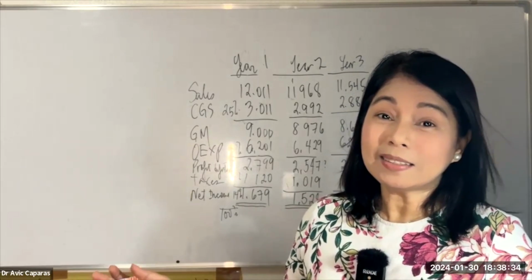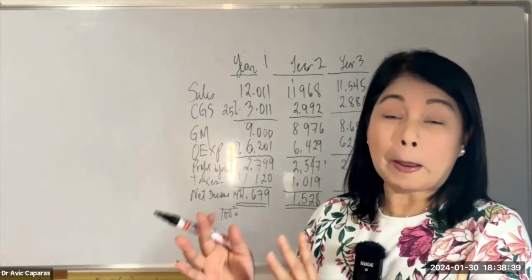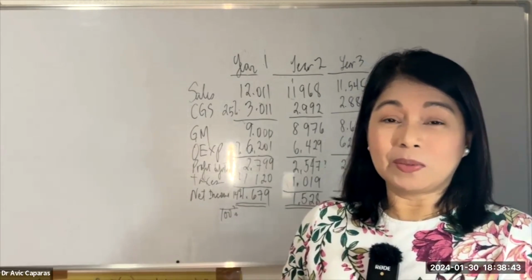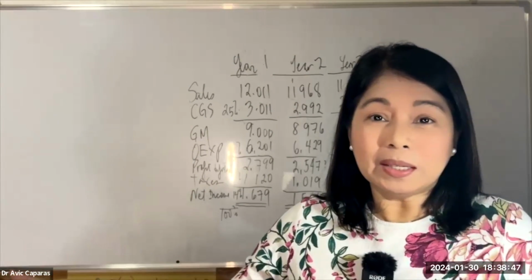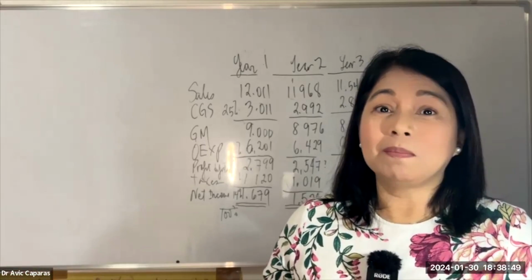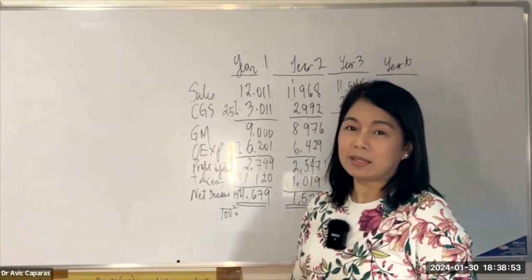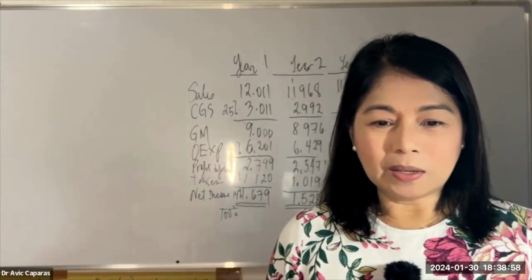But at least if you do business, you still get 14 cents for every peso. We're just talking about $12,000 of sales. What if you come up with 1 million of sales? Is it worth doing the business? For sure, because for every peso, for every dollar, you have 14 cents.